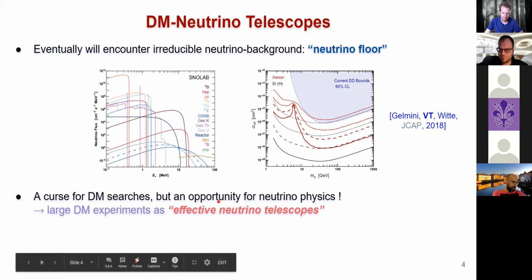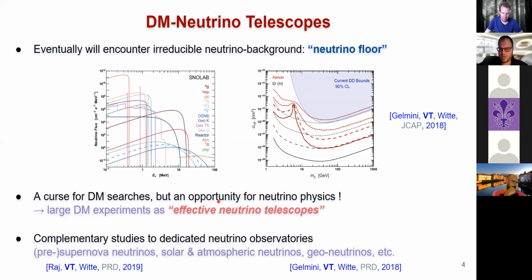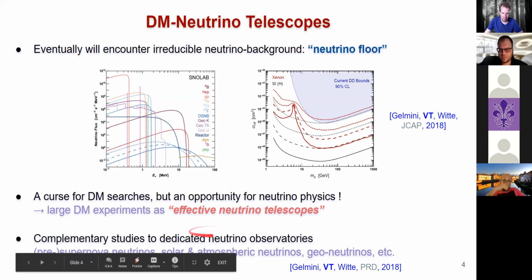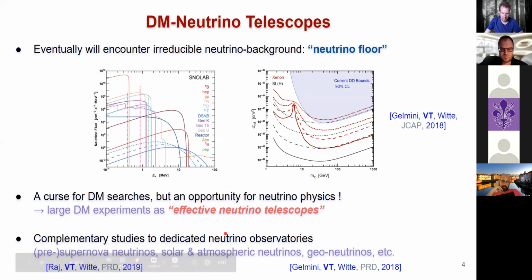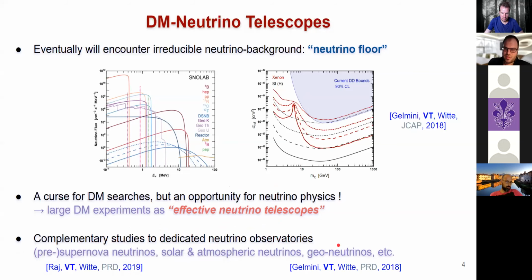They are great effective neutrino telescopes, and because of low thresholds and enhanced coherent scattering, you can do very interesting things that are complementary to regular neutrino observatories. In particular, you can say some interesting things about pre-supernova neutrinos, as we did in this work with Nirmal and Sam, geoneutrinos, to see what happens inside the Earth, and a lot of other things.